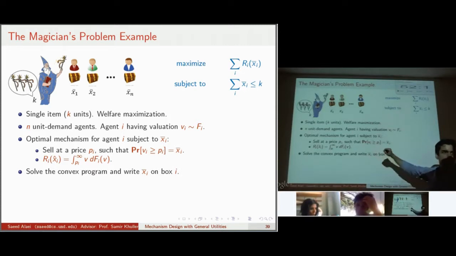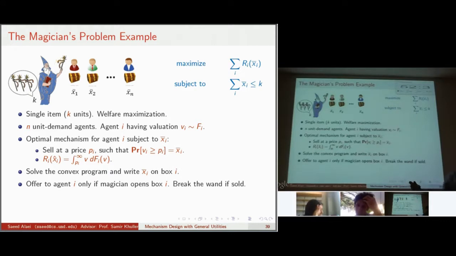Otherwise, we do not offer the item to the agent. And if an agent buys the item, we break the wand of the magician. So the wand will be broken with this probability, that is, the probability of the agent having valuation above the price.